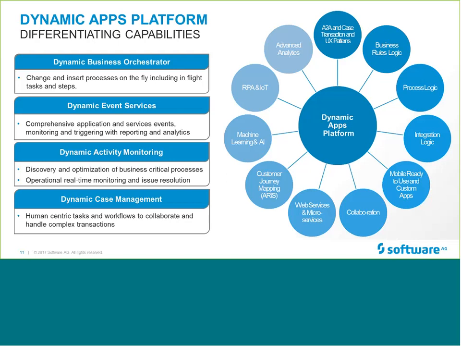It has analytics associated with machine learning and IoT as a pattern. We are also building in RPA and collaboration associated with it, and advanced analytics through dynamic activity monitoring.